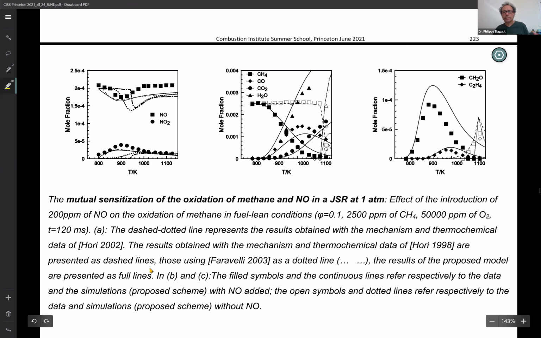So these are the experimental results obtained under fuel lean condition.